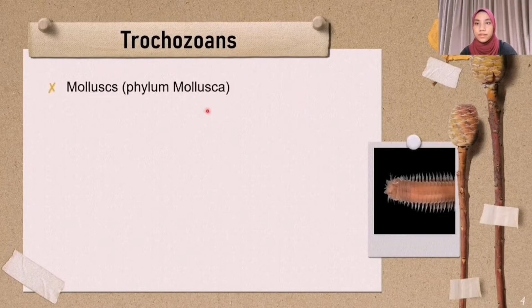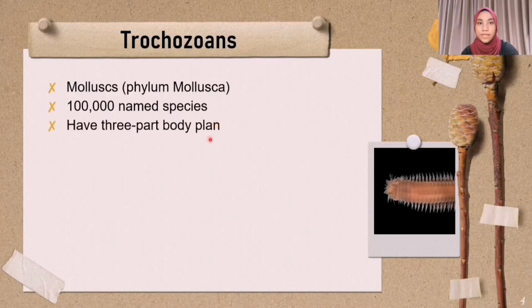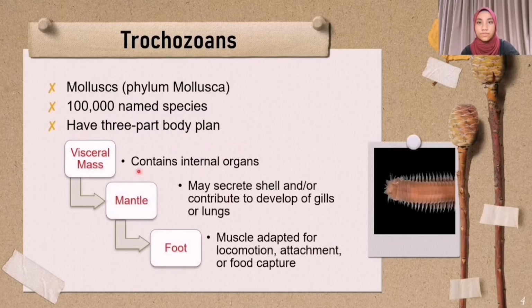The mollusks are the second most numerous group of animals, with over 100,000 named species. They inhabit marine, freshwater, and terrestrial habitats. Mollusks share a three-part body plan consisting of visceral mass, mantle, and foot. The visceral mass contains the internal organs, including a highly specialized digestive tract, heart, kidney, and reproductive organs.